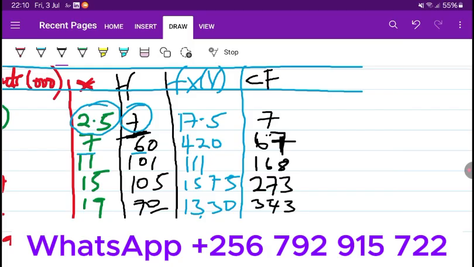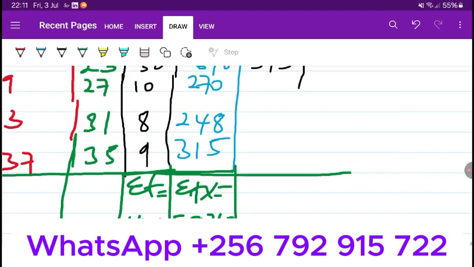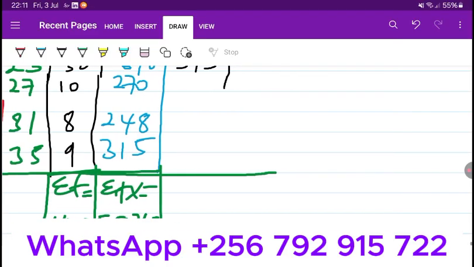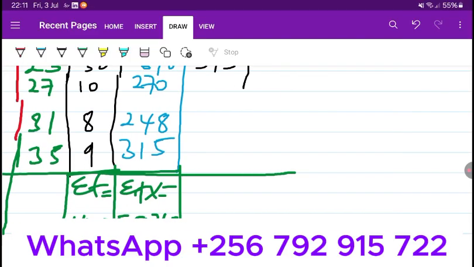Then 343 plus 10 gives you 373. Then you add 8, it will give you 391. Of course, we are moving down. So we are going to find that the total we are going to have here will be 400.